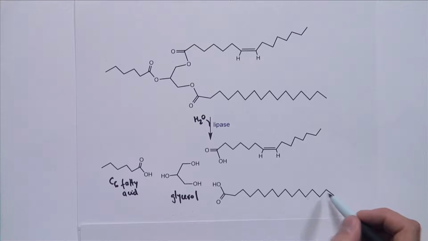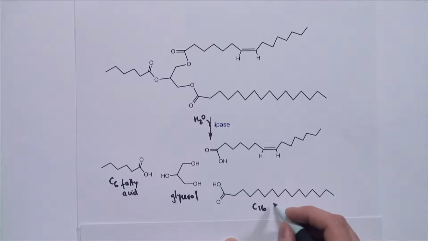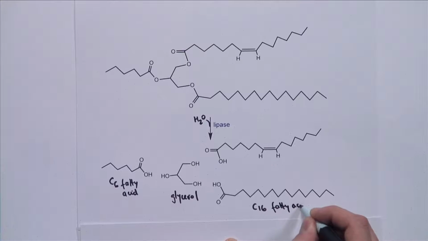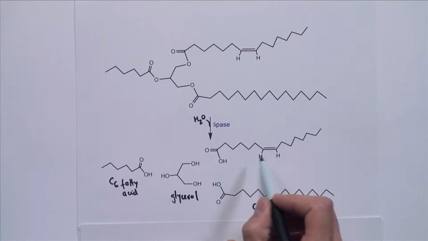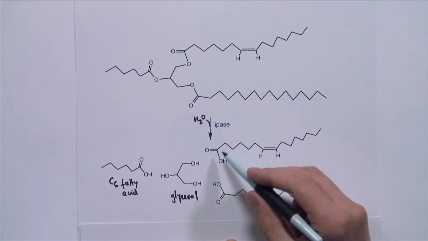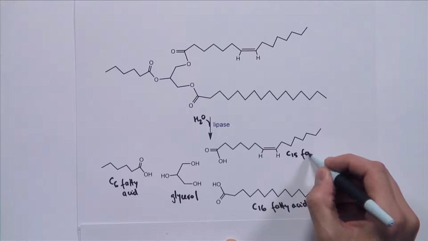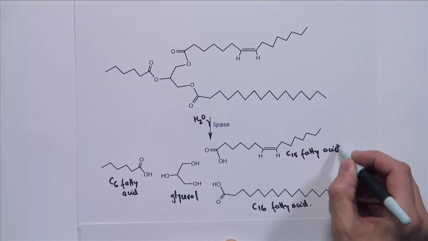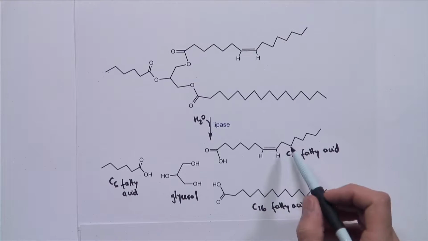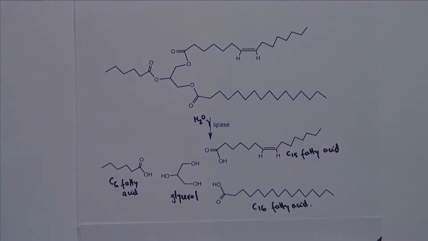This fatty acid has 2, 4, 6, 8, 10, 12, 14, 16, a C16 fatty acid. And this one is an unsaturated fatty acid with a double bond, and if you count the carbons, it should add up to 15 carbons. So not only does it have a double bond, but it's also an odd-numbered fatty acid.